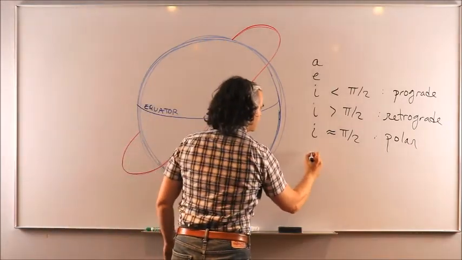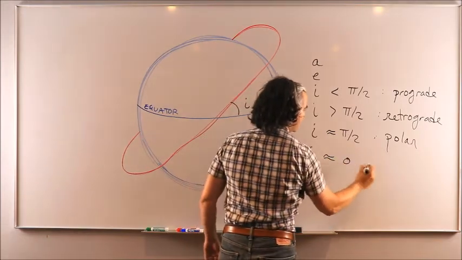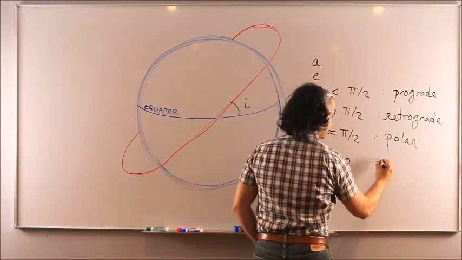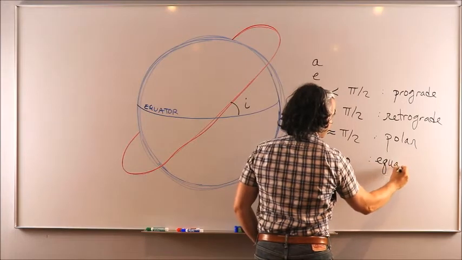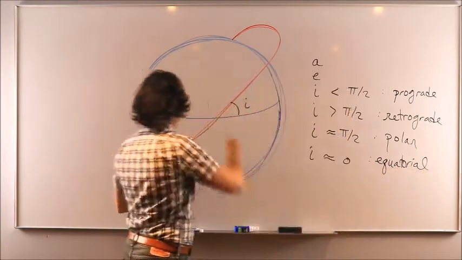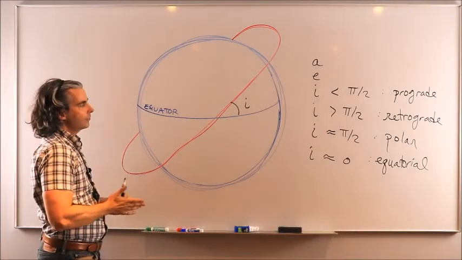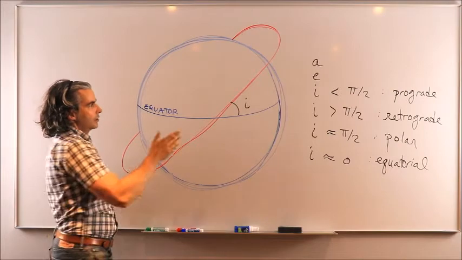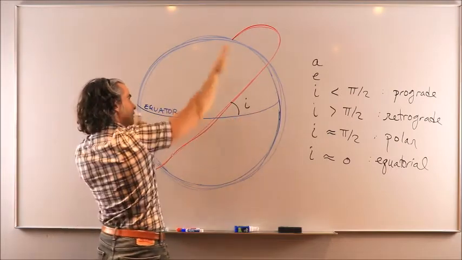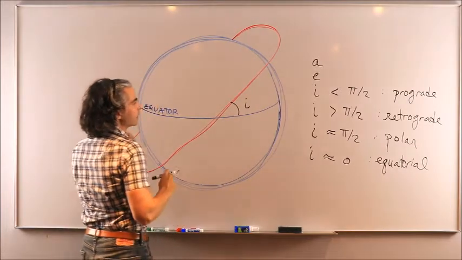And lastly, if the inclination is equal to or very close to 0, then we get what's known as an equatorial orbit, flat along the equator. Okay? So this one defines that angle of the orbital plane.